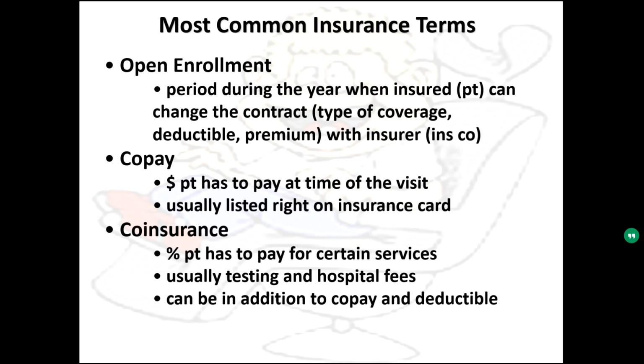Coinsurance is in addition to a copay and in addition to a deductible that you have to pay out of pocket. A coinsurance is determined by the percentage that you pay for certain services, usually for hospital kind of stuff. So for example, I got whacked with this.